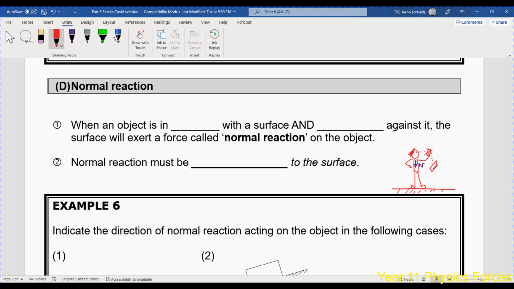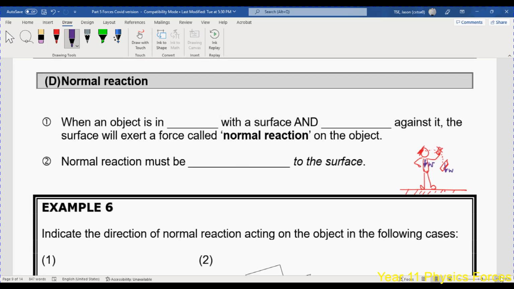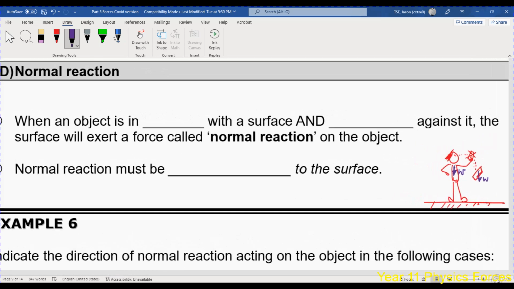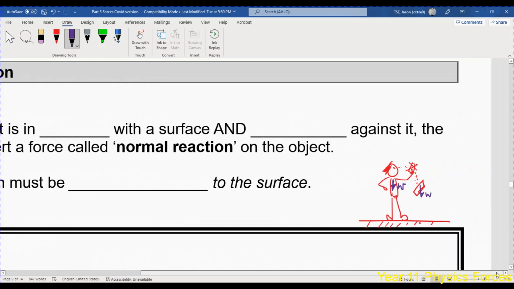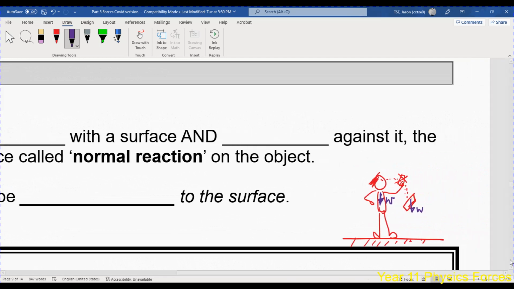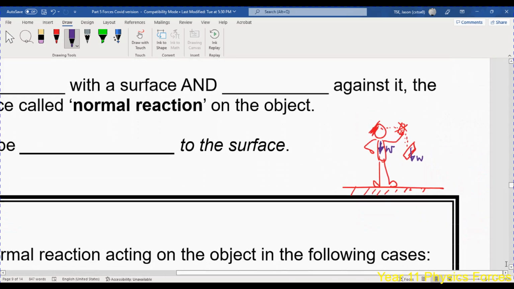So if he lets go, the phone is dropping. And again, there's another weight, the weight of the phone, another pulling force on the phone. Sorry, it's too small. Okay, all right, I hope that's fine.